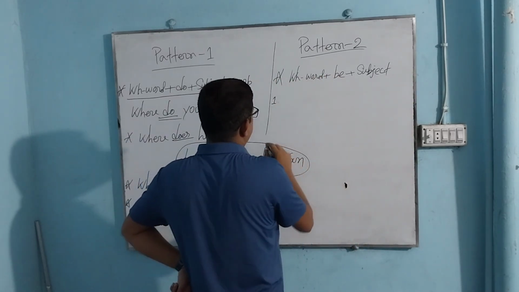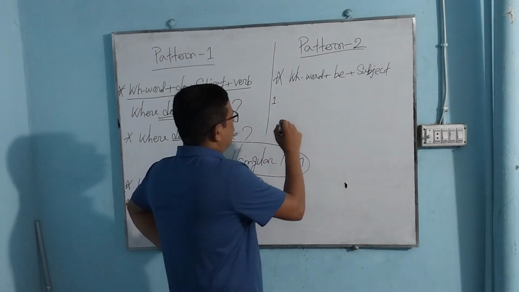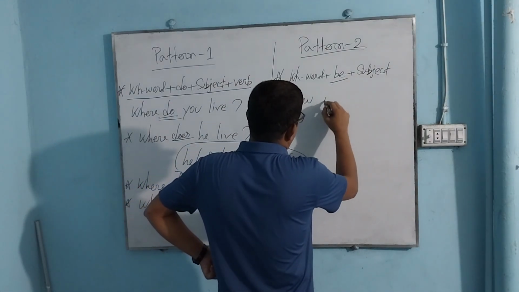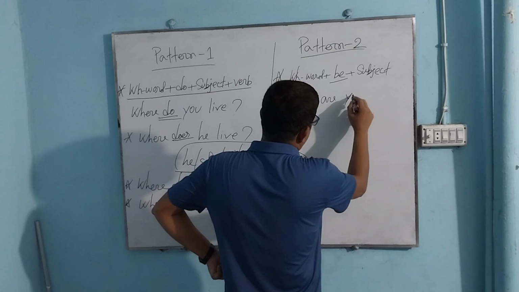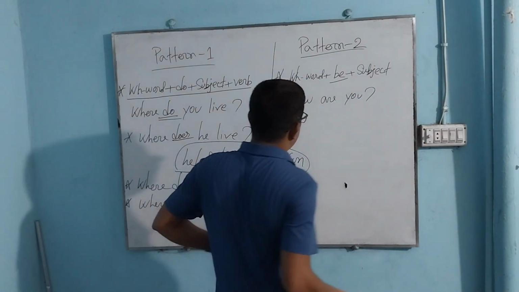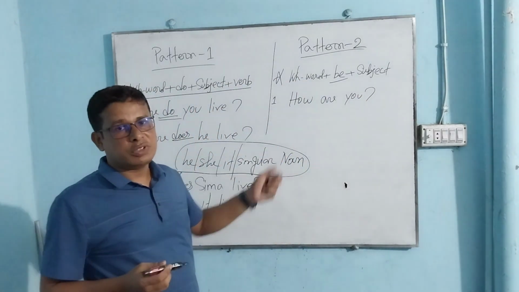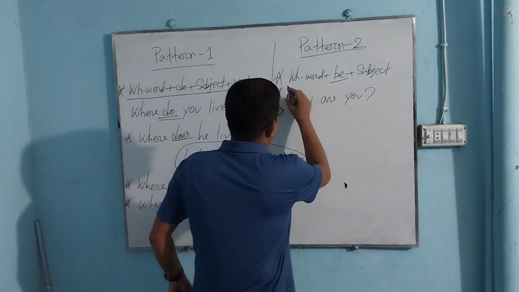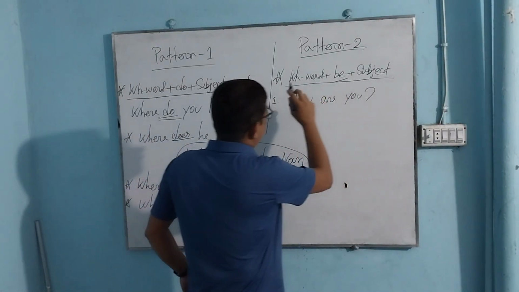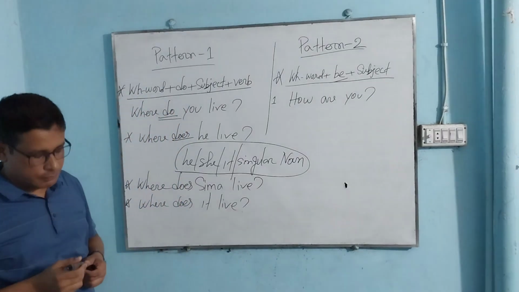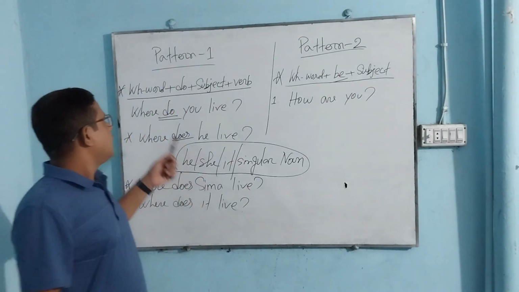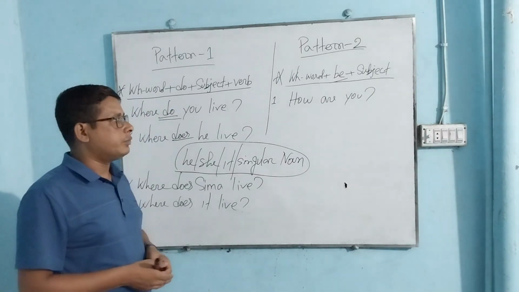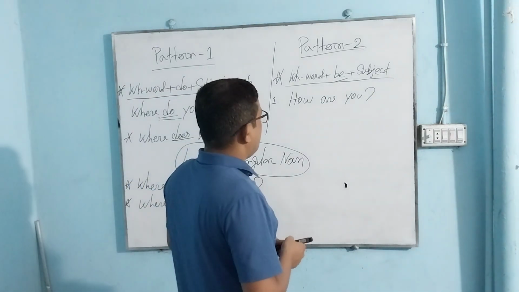Suppose, if I give an example, how, be verb are, subject you. How are you? Just wait, this is also an example of WH questions, but this is pattern 2. The structure of pattern 2 is WH word plus be verb plus subject. And pattern 1, WH word plus do plus subject plus verb.